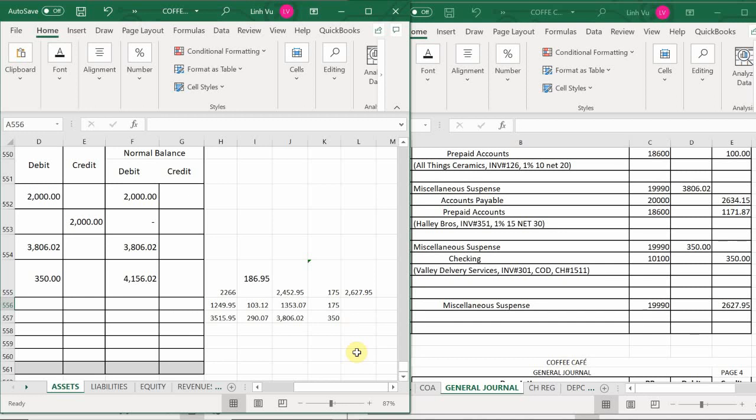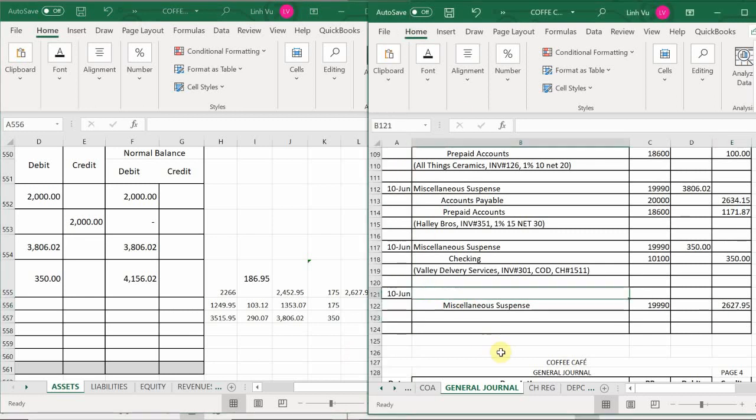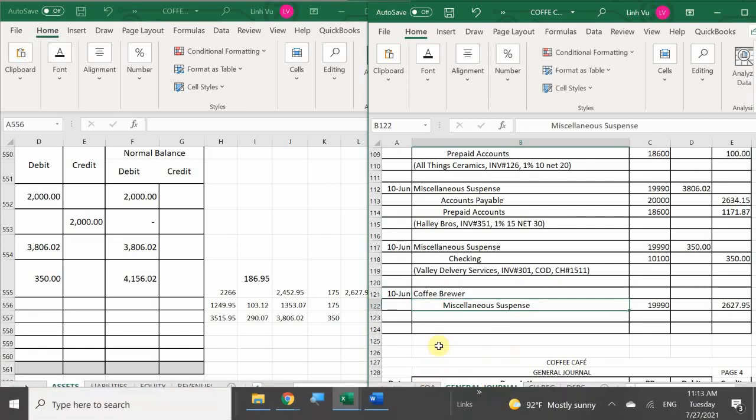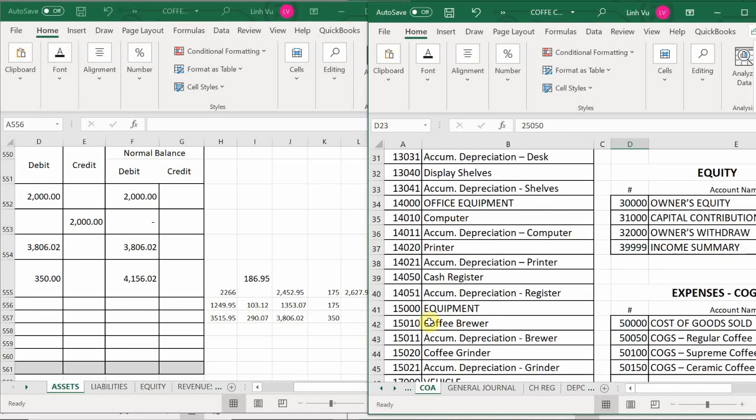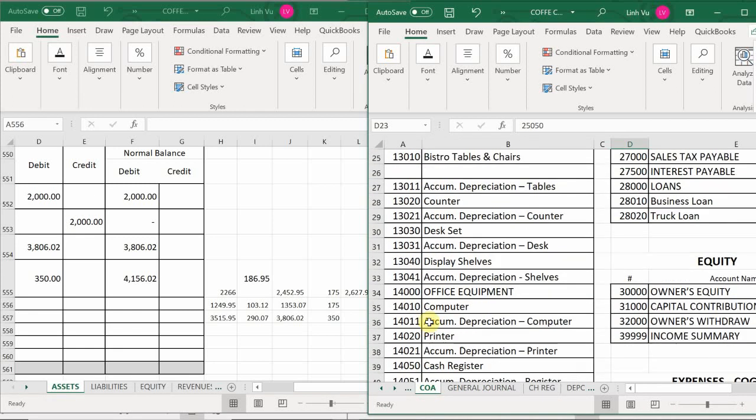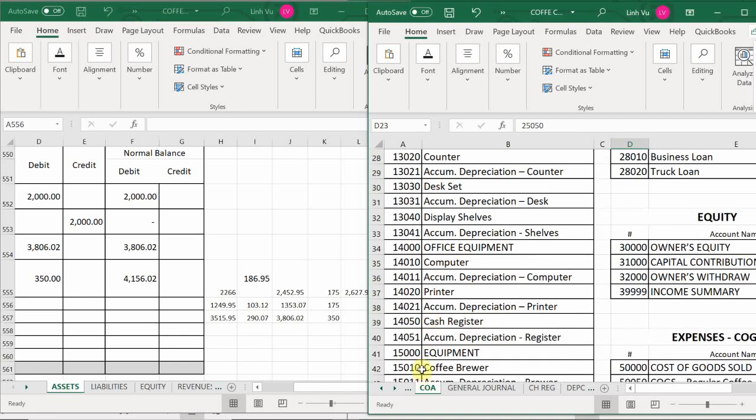Now, if I'm taking it out from miscellaneous expense and putting it into its appropriate account, which is my coffee brewer account, what account number is my coffee brewer? 15010.